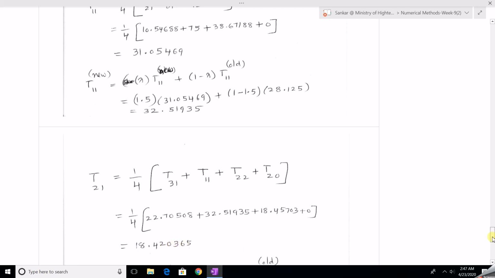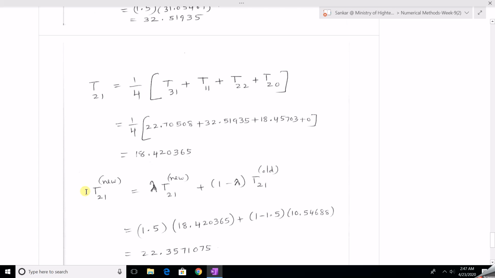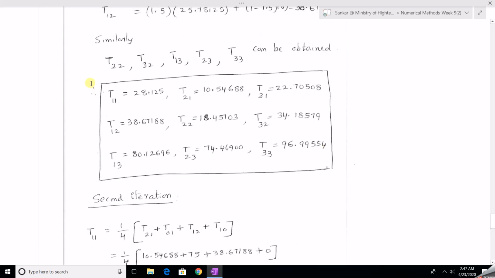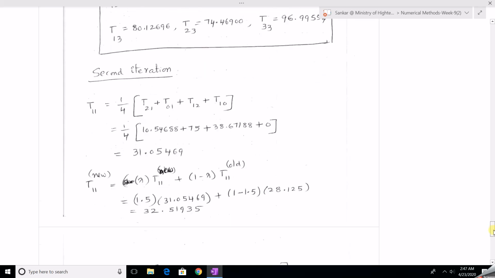18.420365. And if we apply the over relaxation, T21 new is lambda, where lambda is 1.5, times T21 new, this value, plus 1 minus lambda, which is 1.5, times T21 old. This T21 old is the value in the first approximation. The first approximation value will be the old value.